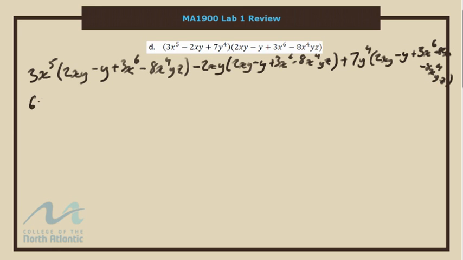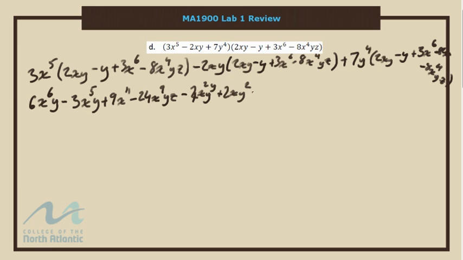So this becomes 6x to the 6th y minus 3x to the 5y plus 9x to the 11 minus 24x to the 9yz, minus 2xy gives me 4x squared y squared plus 2xy squared minus 6x to the 7y, minus 16.